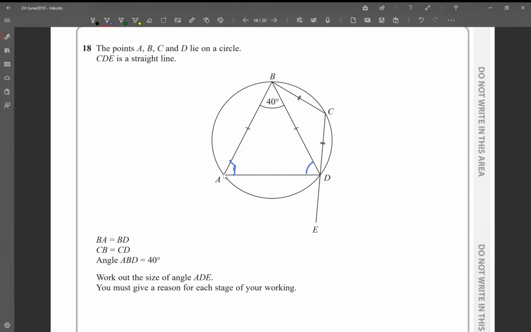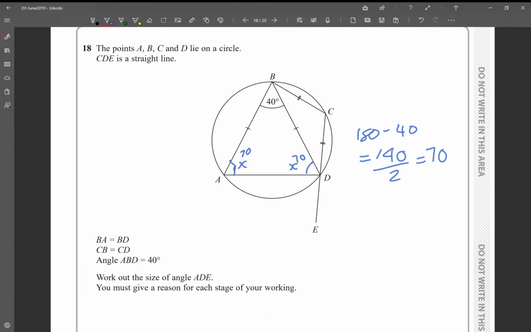So these are going to be the same, and we know they all add up to 180. So 180 minus 40 equals 140, and if you divide that by 2 to get 70, that would be these angles here, because that's an isosceles triangle. We'll write that out in a minute.